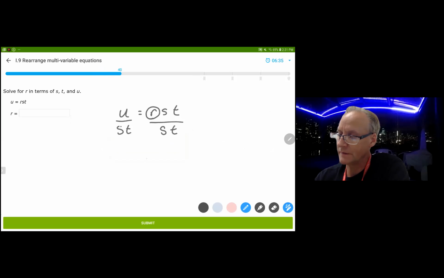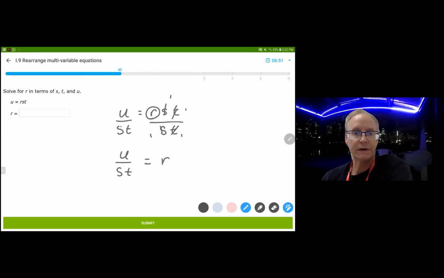I'm going to mention something because some of you may end up with a few issues for this. The r isn't a problem, but if you want to write u over st, a lot of times on computers, they're going to force you to use this division bar. And if you write u divided by st on a computer, this is not equivalent to what's written over here.